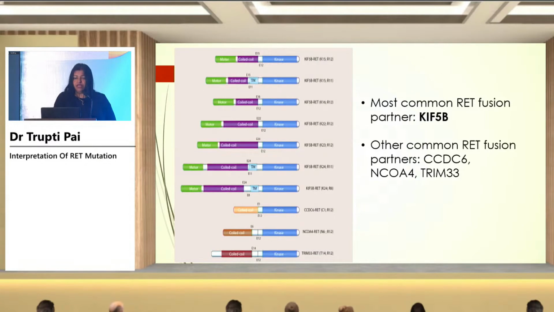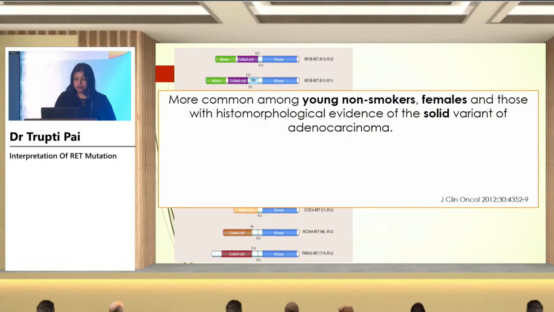As with other fusion proteins in lung, RET has multiple fusion partners, the most common being KIF5B, the kinesin family gene. Another common partner is the coiled-coil domain gene, CCDC6.